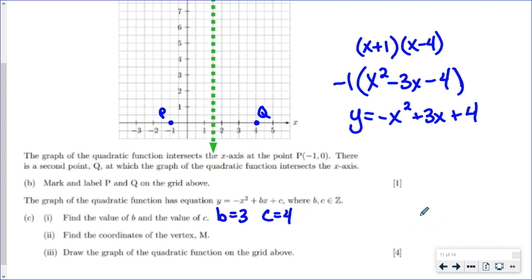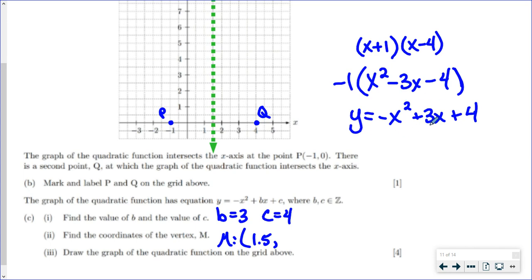All right, find the coordinates of the vertex M. Now, of course, we know that the vertex has to be on the axis of symmetry. So what has to be the x coordinate for my vertex? 1.5, right? 3 halves. So I know it has to be 1.5. How can I get a y coordinate?